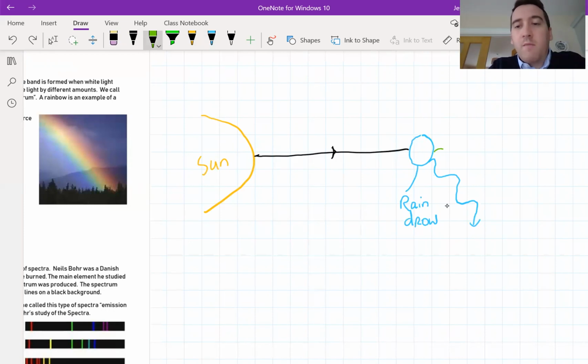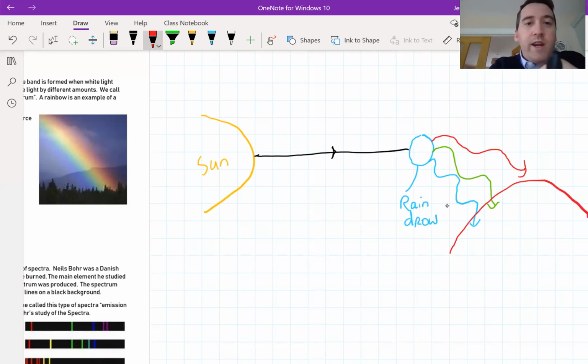Maybe the green light bends also, but not quite as much. And finally, the red light bends by the least. The reds and the oranges and the yellows, this bends too, but it bends by the least. And the result is that we get this band of colors in the sky. Here's the red.